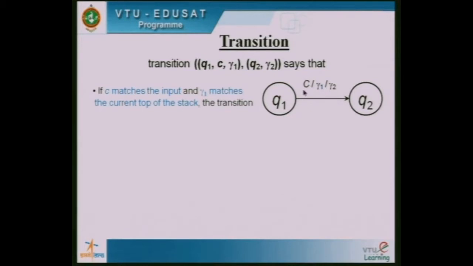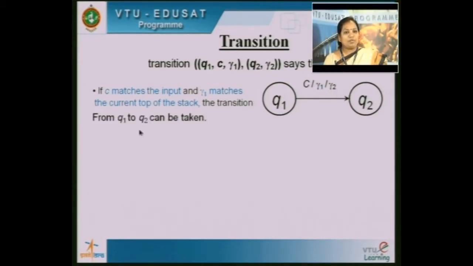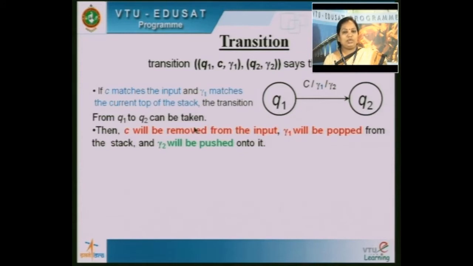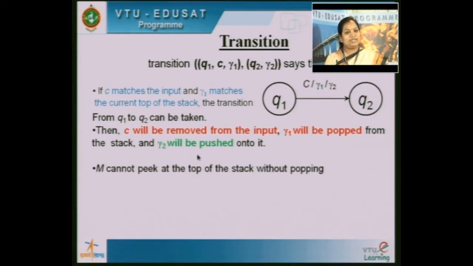Pop gamma1 and push gamma2 into the stack. From q1 to q2, c will be removed from the input, gamma1 will be popped from the stack and gamma2 will be pushed into the stack.